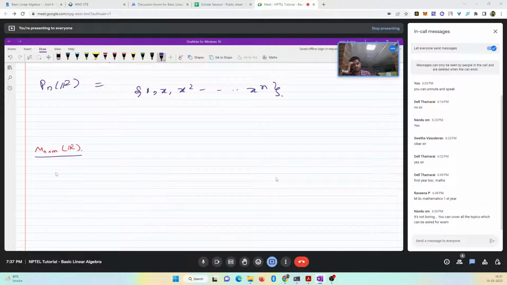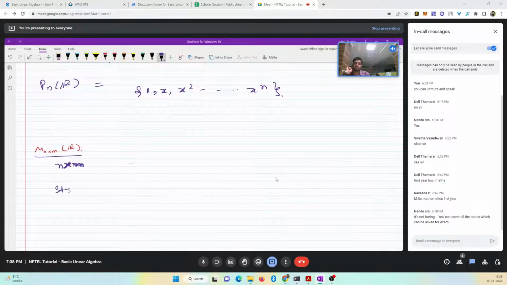Let's talk about the set of all matrices of size n cross m. What you want is vectors such that if you sum them together multiplying with arbitrary scalars, you should be able to obtain any matrix.